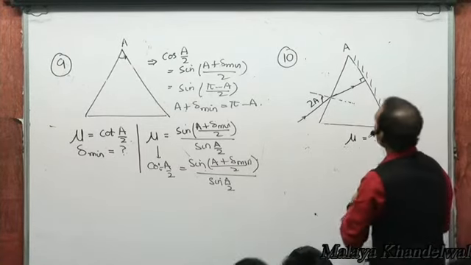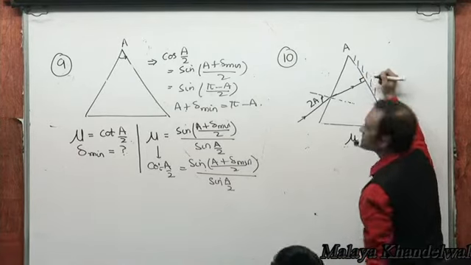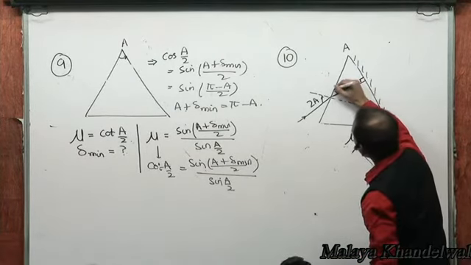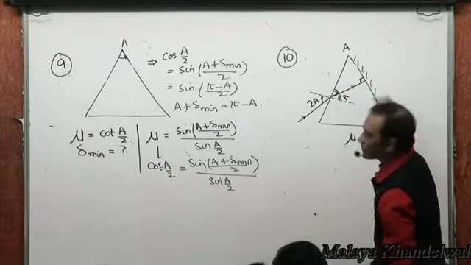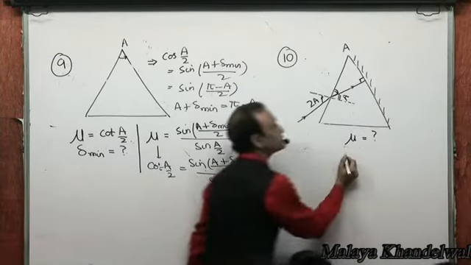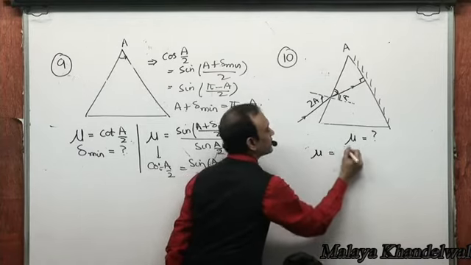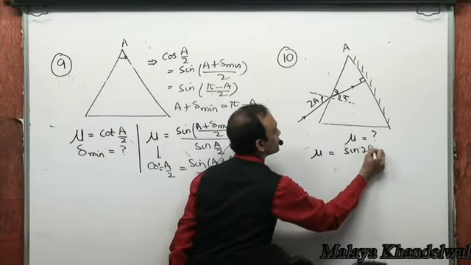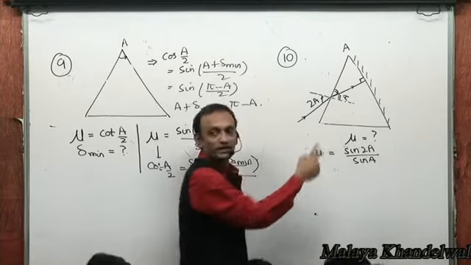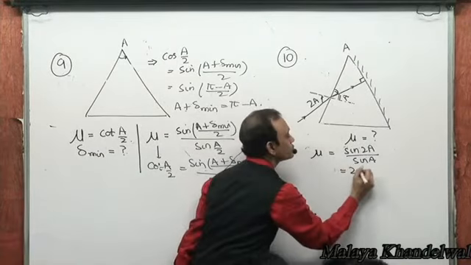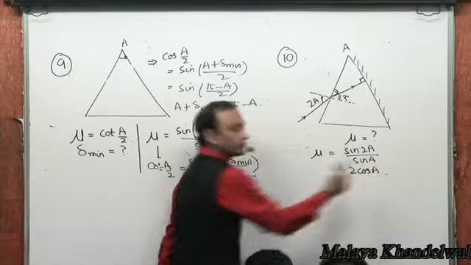Now, very clearly, if this is 90 degrees, this is 90 minus A, and this therefore would be A, and now very clearly mu is going to be sine I by sine R, sine 2A divided by sine A, which is 2 cos A, right?